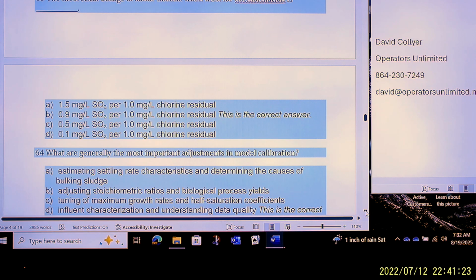C. 0.5 milligrams SO2 per 1 milligram residual. Or D. 0.1 milligrams SO2 per 1 milligram residual. The answer to 63 is B. 0.9 milligrams SO2 per 1 milligram of residual.